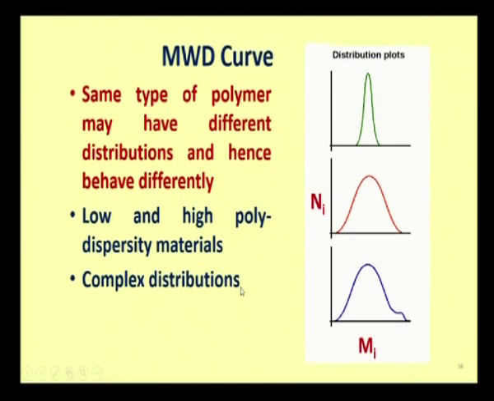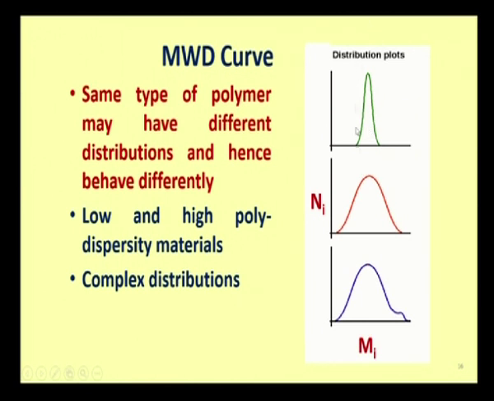Now, this kind of molecular weight distribution can be put in the form of a curve called the molecular weight distribution curve. Now, you could see that the distribution plots may take any of these types. For example, the first curve indicates a narrower sample. That means the dispersity is less here. It is approaching monodispersity, but it is not a single line.